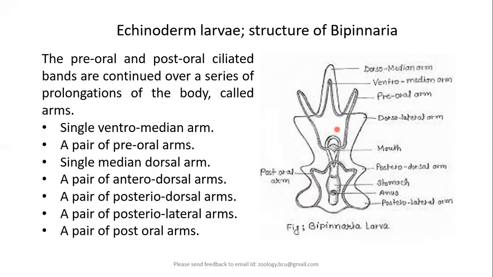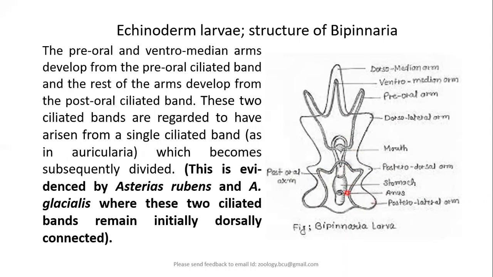As you see, the Bipinnaria larva is bilaterally symmetrical, microscopic, and transparent, thereby, just because it is transparent, we are able to see through some of its internal organs also. The pre-oral and ventromedian arms are developed from the pre-oral ciliary band, and the rest of the arms are developed from the post-oral ciliated band.